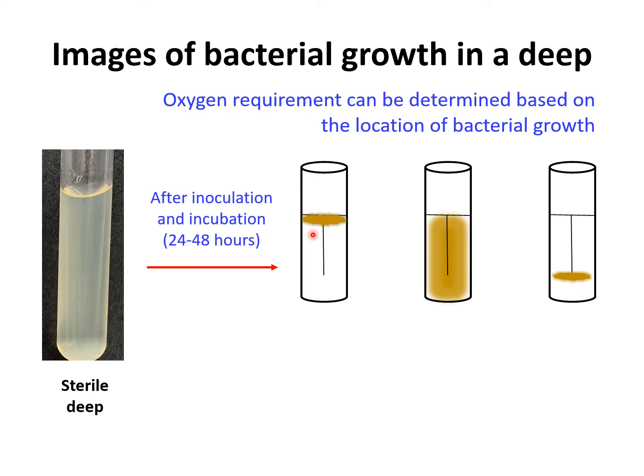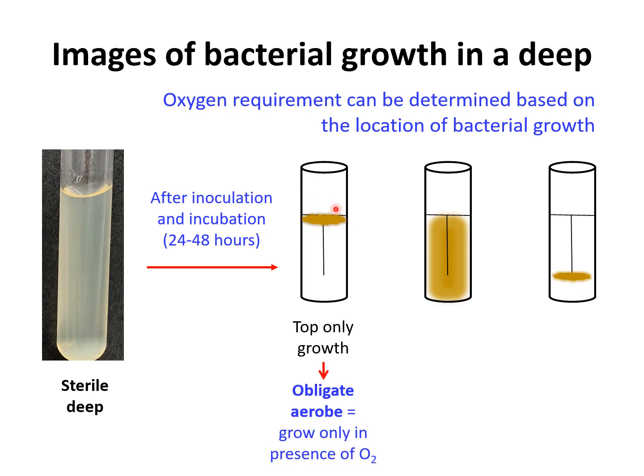So if you see something like this, where most of your growth is at the very top of your deep, that means that your bacteria is what we call obligate aerobe. Obligate meaning a must, aerobe meaning air, oxygen. So obligate aerobe means that your bacteria must have oxygen to grow.